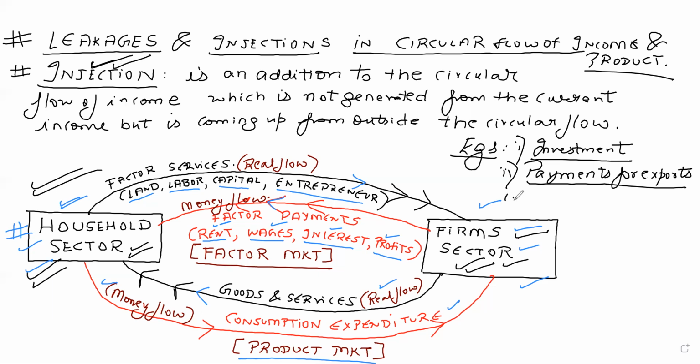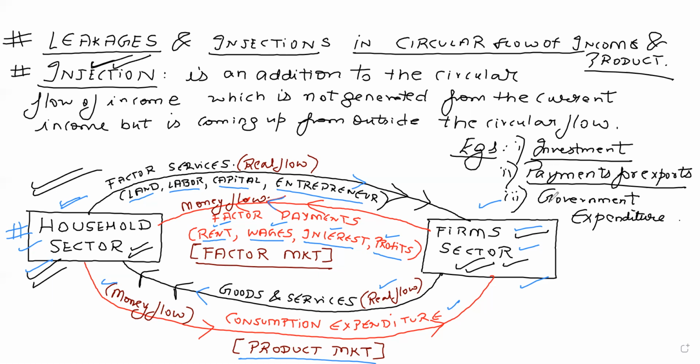And the last example of injection, government expenditure. Now, just as we had taxes, taxes are paid by the firms or the households to the government. Now, what does government do with those taxes?